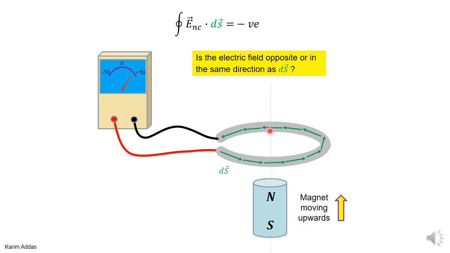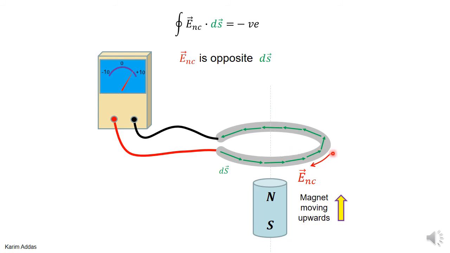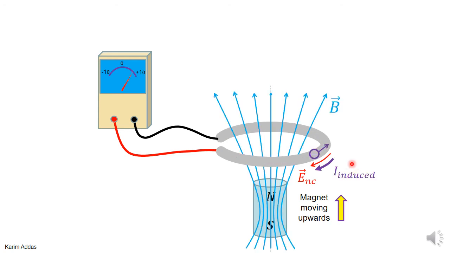So the electric field vectors are going around in the opposite direction of the ds vectors, and the electric field, for instance here, is going this way. And of course, that implies the current is going to be in the direction of the electric field, or the direction of J. And that means the charges themselves will move opposite the electric field and they'll go this way. So now we have a proof from Faraday's equation of how to get the direction of the induced current.